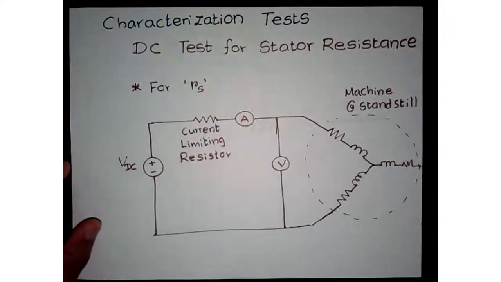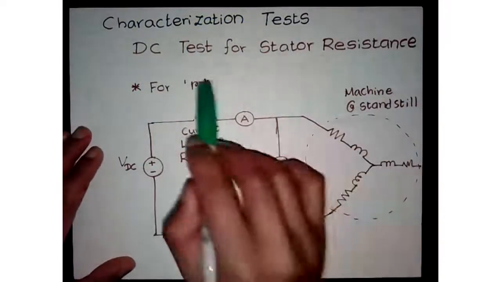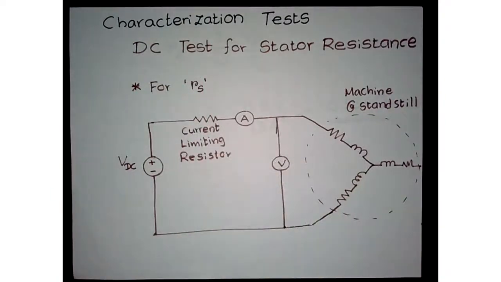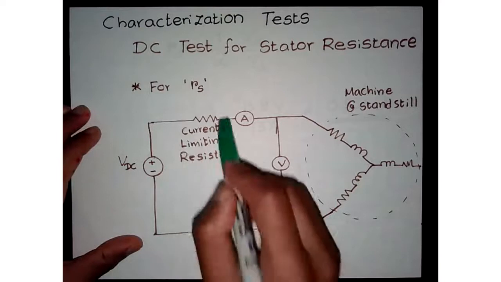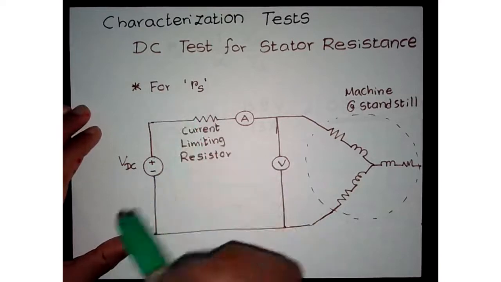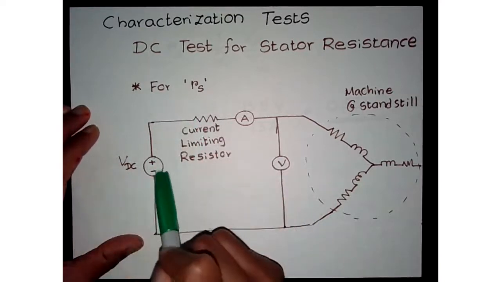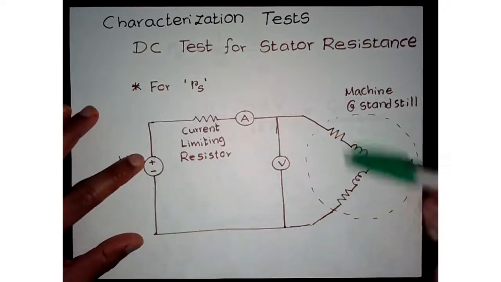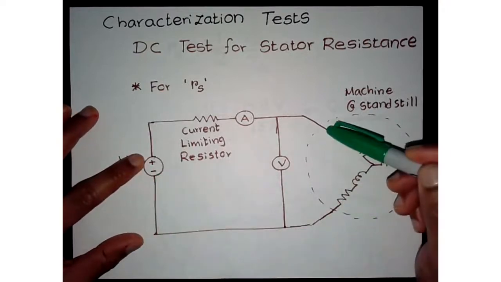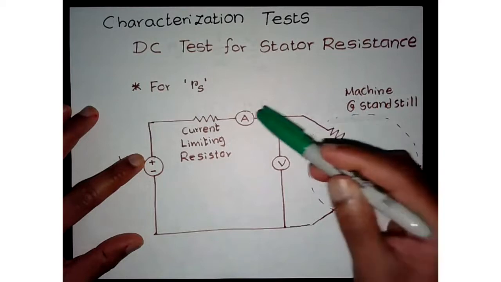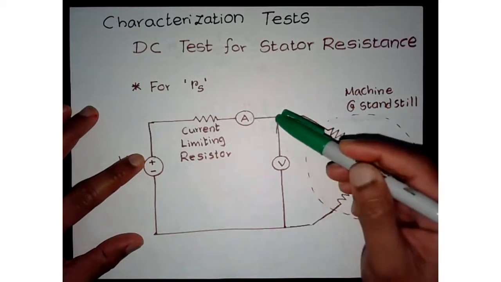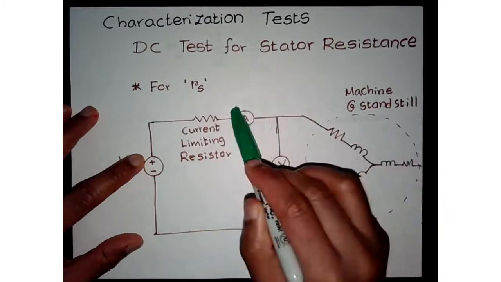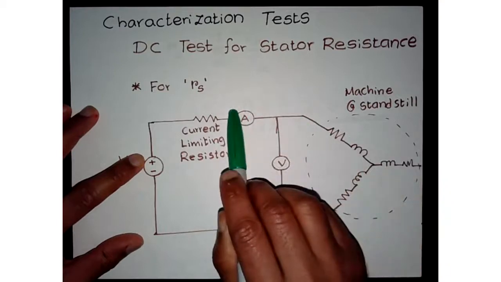First, the DC test, where we are trying to find the stator resistance, RS. You'll have a current limiting resistor if you don't have a controlled voltage source. We apply the voltage phase to phase and measure current, placing the voltmeter after the ammeter to avoid any drops from the ammeter.